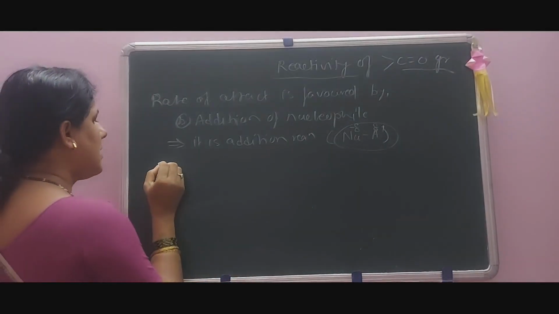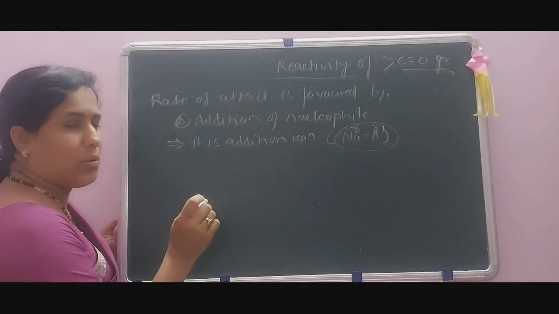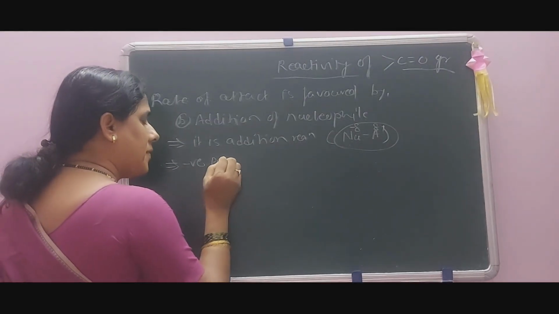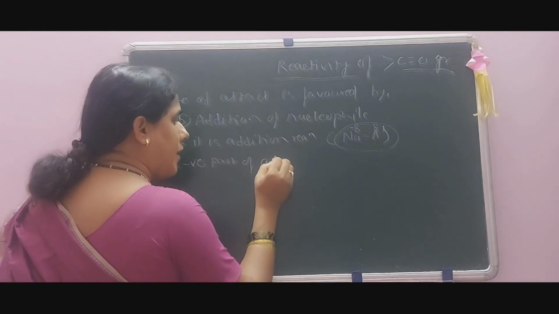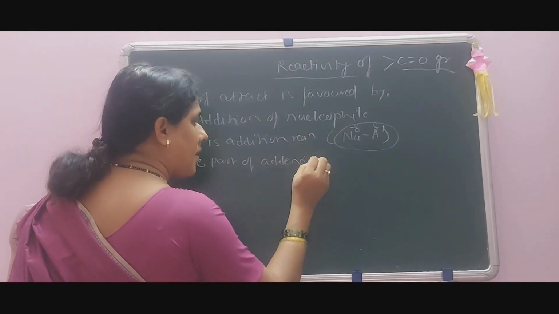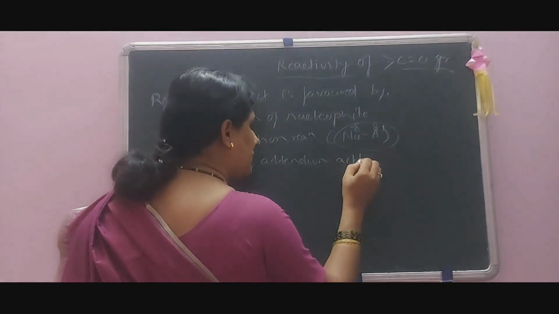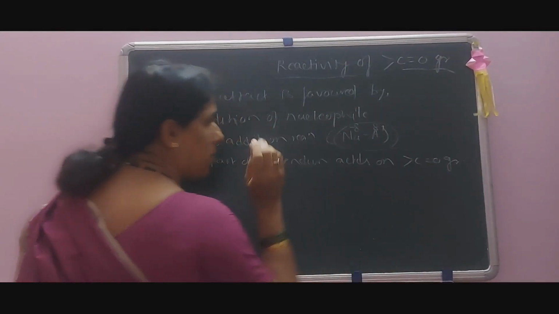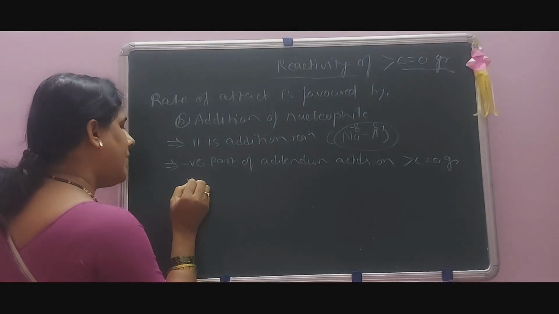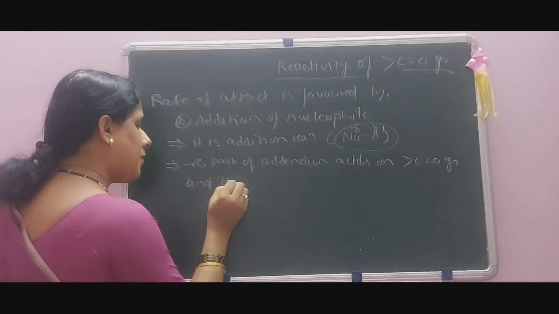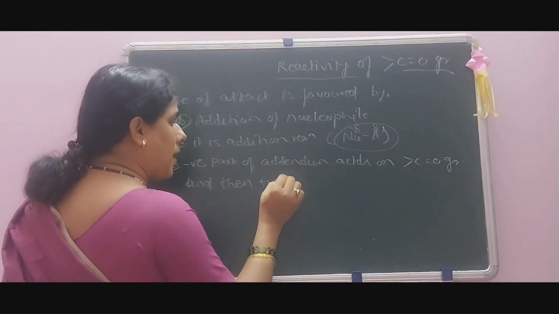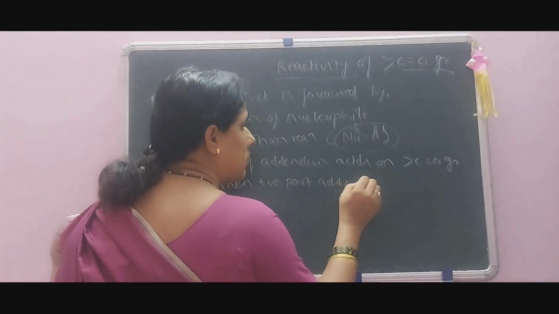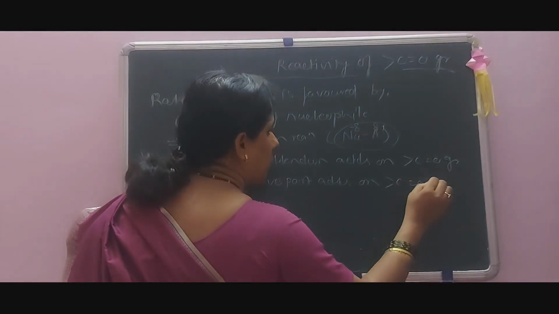Whatever the carbonyl group may be, first the negative part of the addendum adds on the CO group, and then the positive part adds on the CO group.